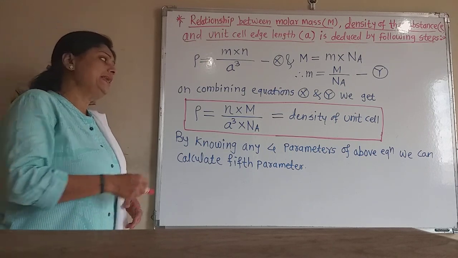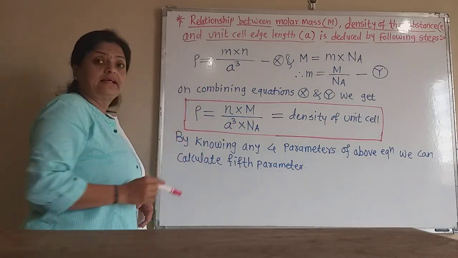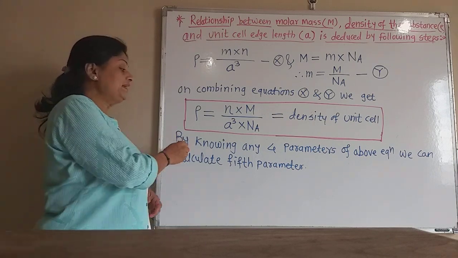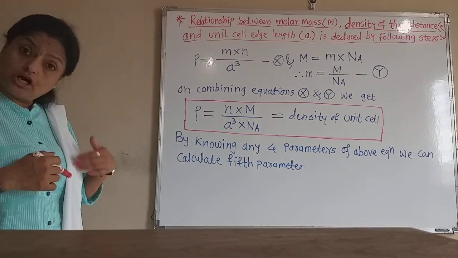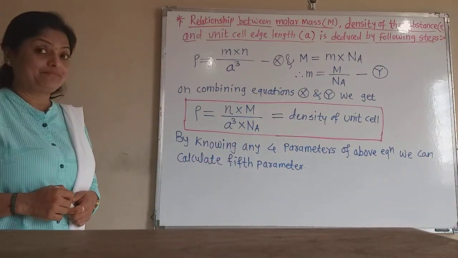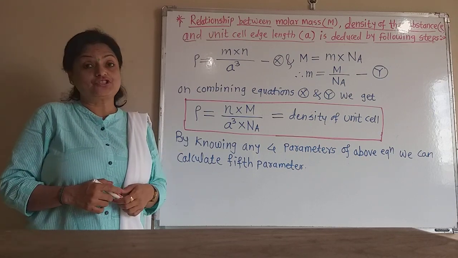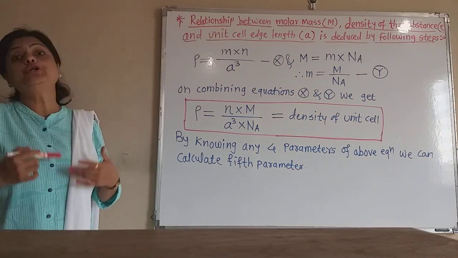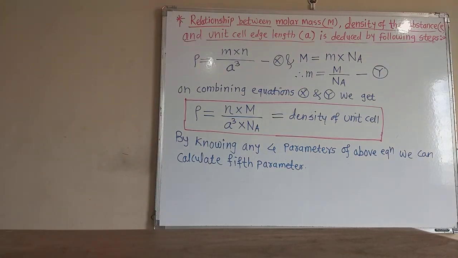If we know any 4 parameters out of these 5, then we can calculate the 5th parameter. Now let us calculate the 5th parameter in the numericals which they asked us. So we have to solve the numerical or problem on this formula. Let us solve that problem.